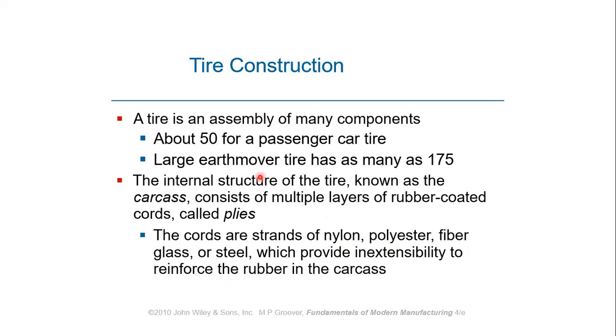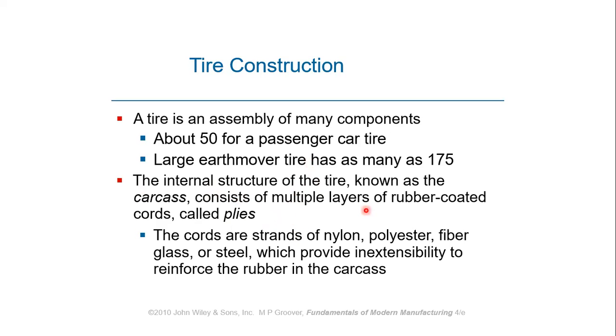Many components are used to manufacture car tires or any other tires. Nowadays tubeless tires are being used, so more care has been given to manufacturing the tire so that tubeless tires can be used.